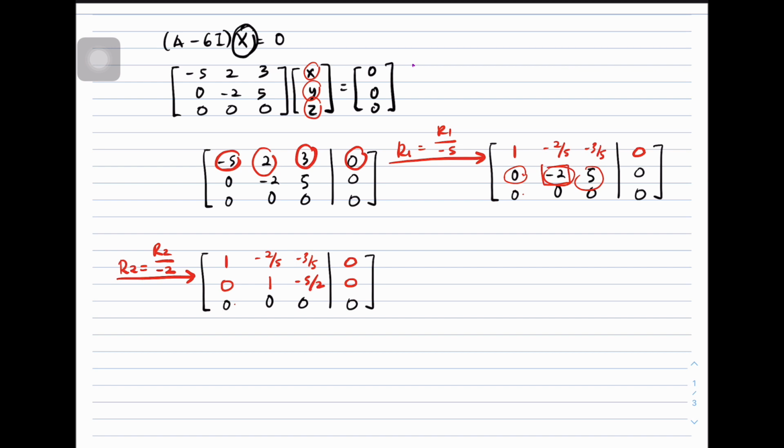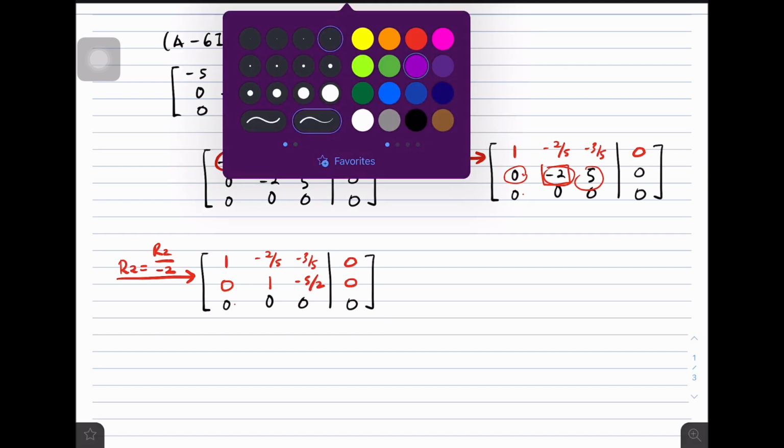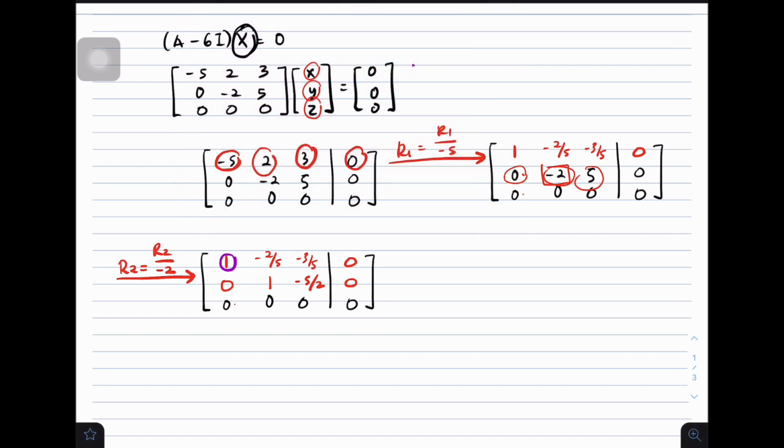Okay, so if you can see here, you have the leading one here and here. This column belongs to X, this column belongs to Y, and this column belongs to Z. Therefore, the column that has a leading one we call a pivot column. So X and Y are the pivot columns, but column Z is a non-pivot column because there is no leading one inside this column.